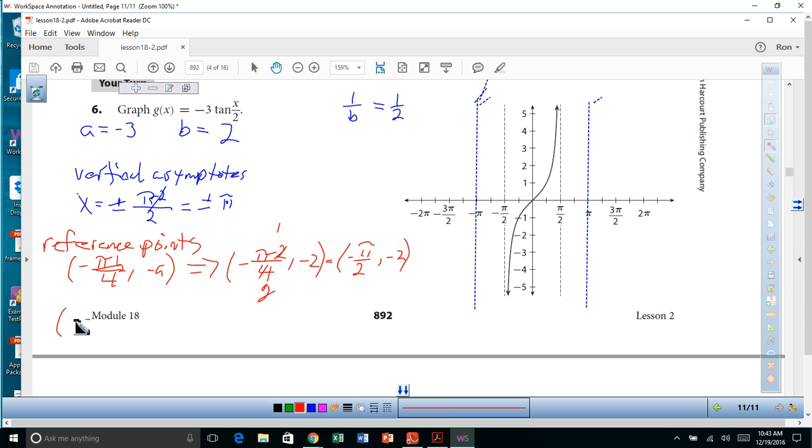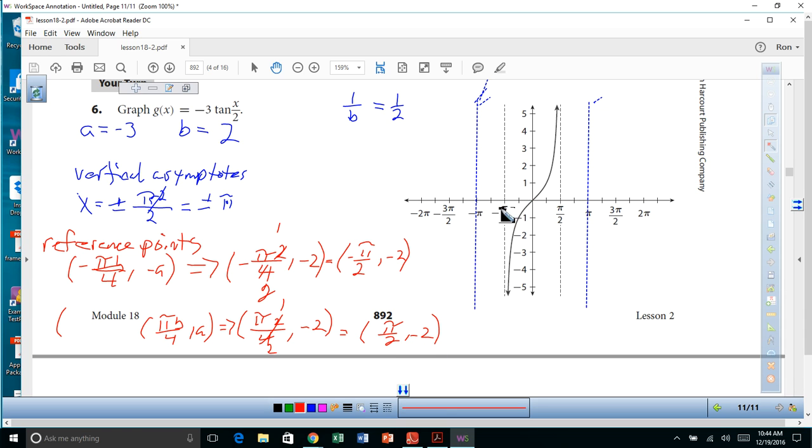All right, so we have pi b over 4 and a. So that's going to become pi times 2 over 4, and then negative 2, right? And so those cancel out, and that gives us pi over 2, negative 2.